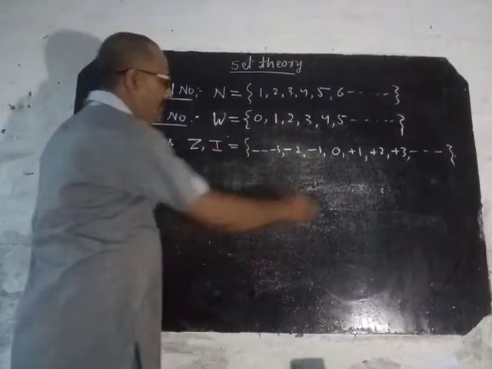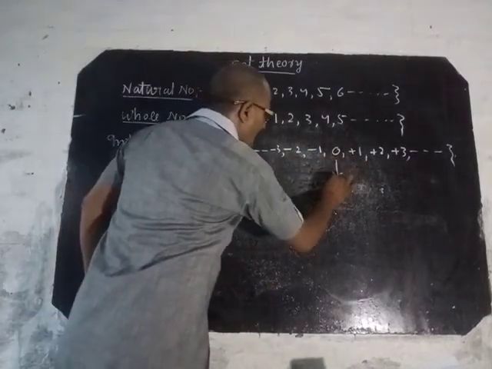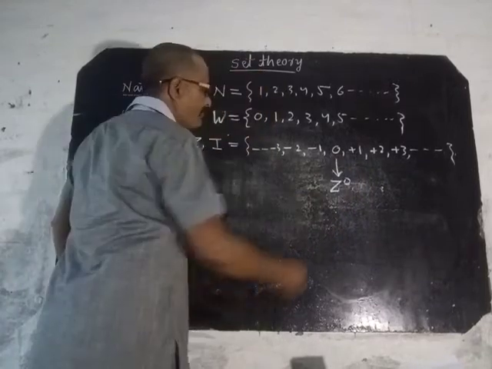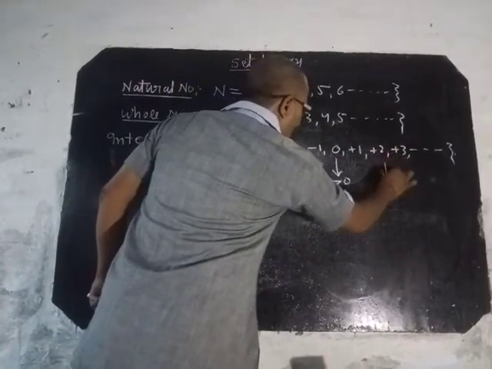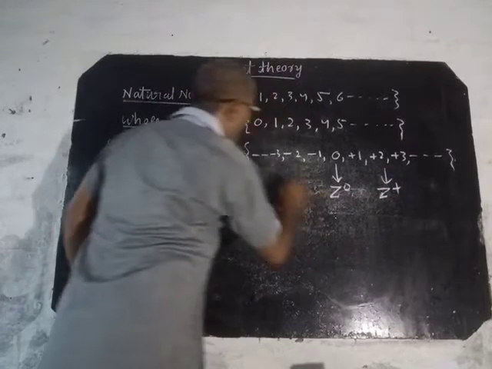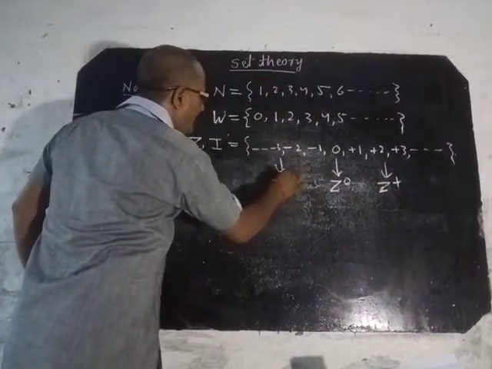See that 0 itself is known as the zero integer. This one is known as a positive integer and this one is known as a negative integer.